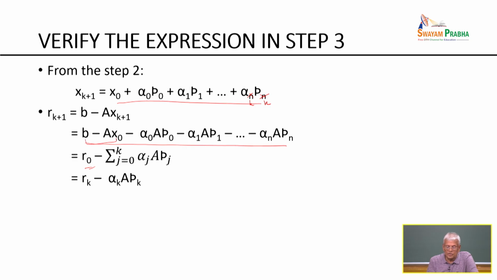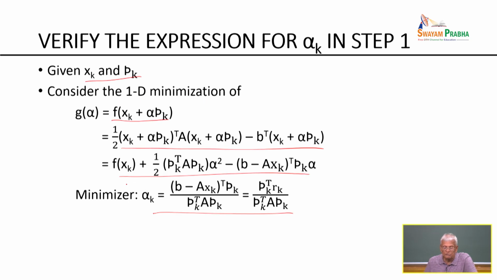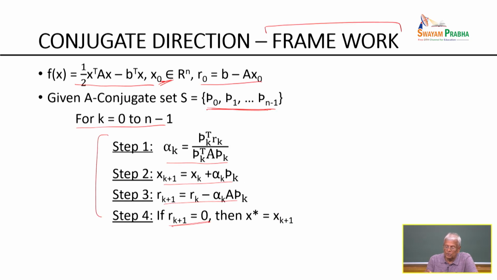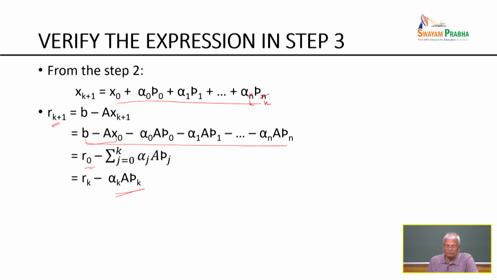By the iterative process, this is simply alpha k A p k. Therefore, r k plus 1 is equal to r k minus alpha k A p k. That is the expression for r k plus 1. So, I am verifying and rechecking everything the way we have designed it.